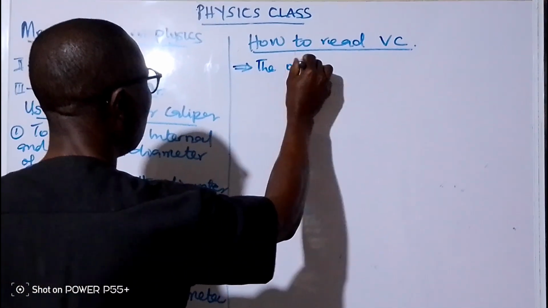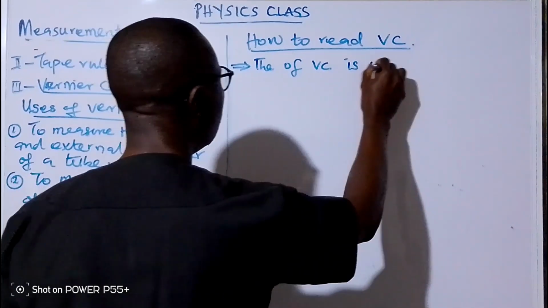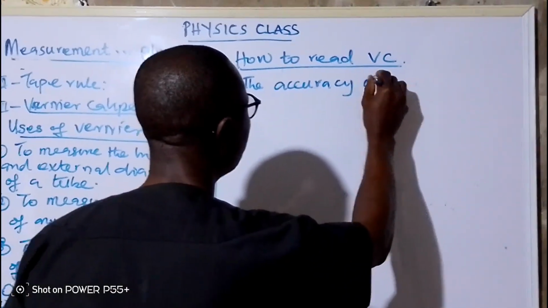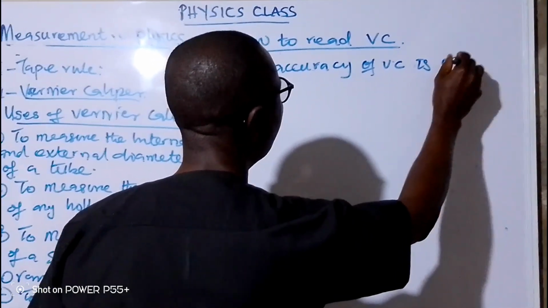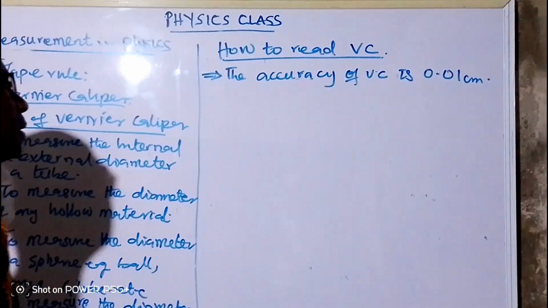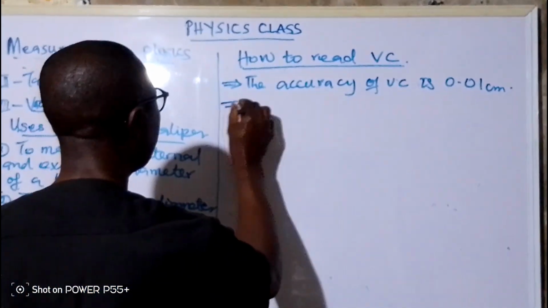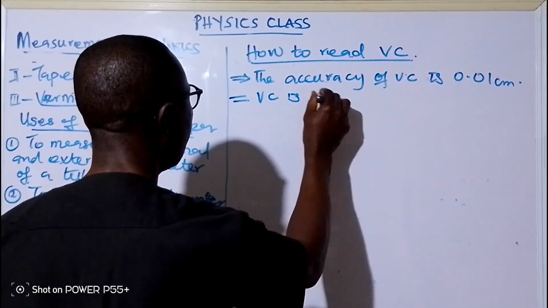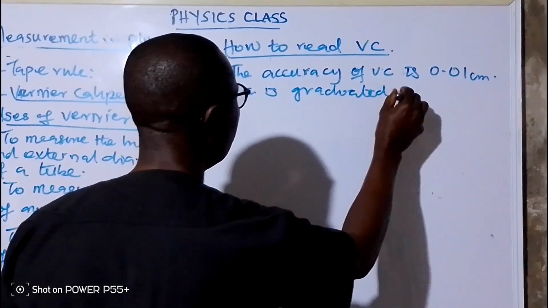The accuracy of vernier caliper is 0.01 centimeter. This means that vernier caliper is graduated in centimeter.